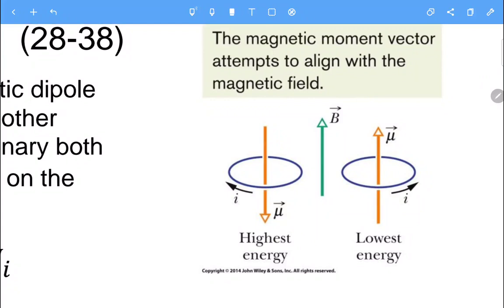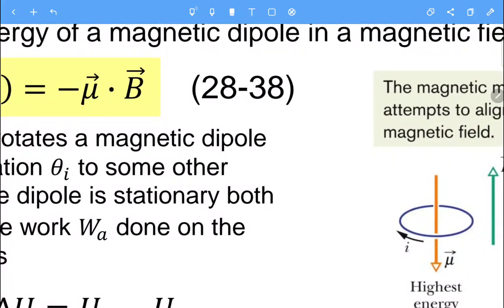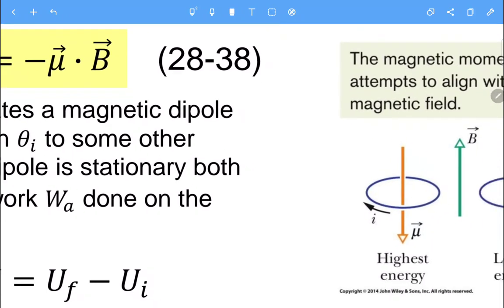Okay, so if you have a magnetic dipole moment also pointing in the same direction, then it has the lowest energy, because the equation is negative mu dot B. If they point in the same direction, then mu dot B is mu B cosine 0 degrees. Cosine 0 degrees is 1, so it is nothing but minus mu B. So it is the smallest number, which means the lowest energy.